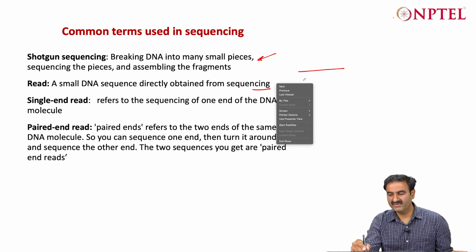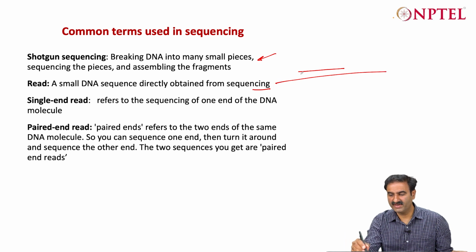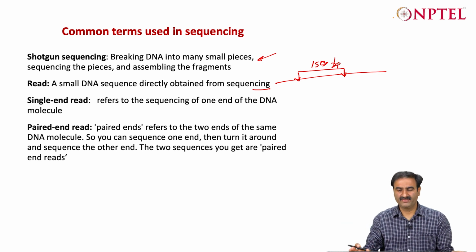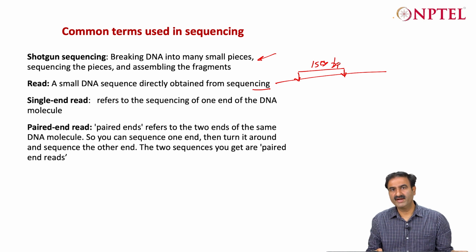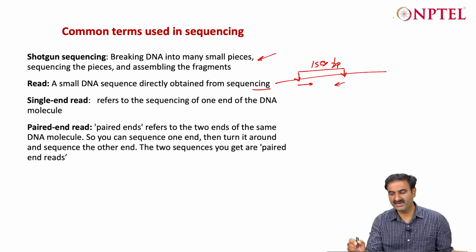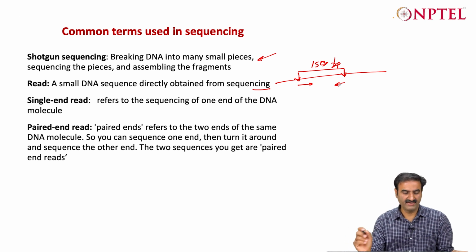Okay, so if this was the complete chromosome, you have read this part of the DNA, and it could be 150 base pair or based on your genome size. You could be reading the DNA from a single side using one primer, or from both sides: single end and paired end reads, right?